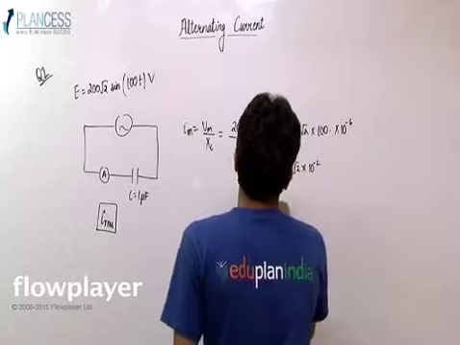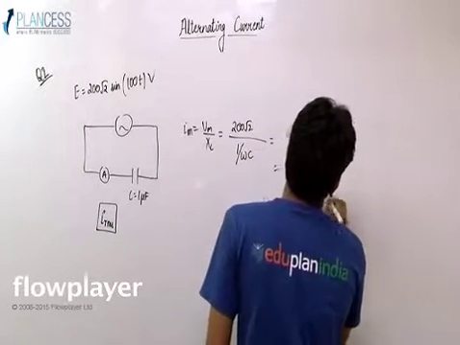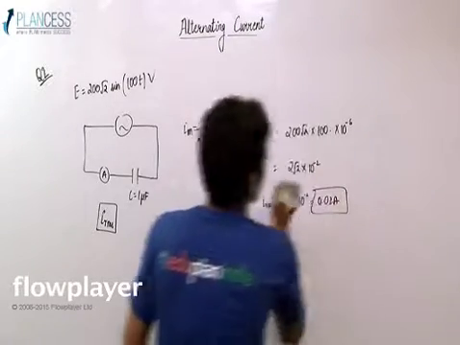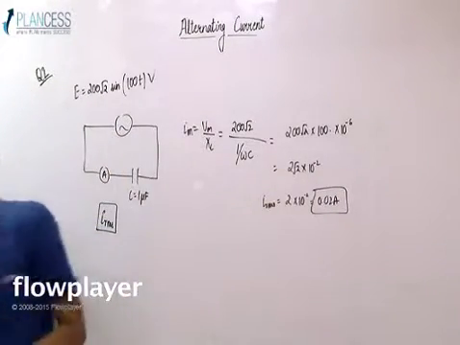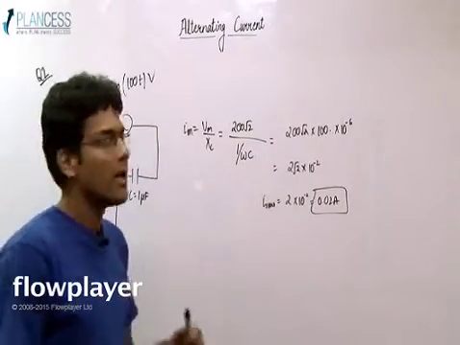And if I want to calculate I RMS, it would come out to be 2 into 10 to the power minus 2, that is 0.02 ampere. So the ammeter would read 0.02 ampere, or you can say 20 milliampere of current.